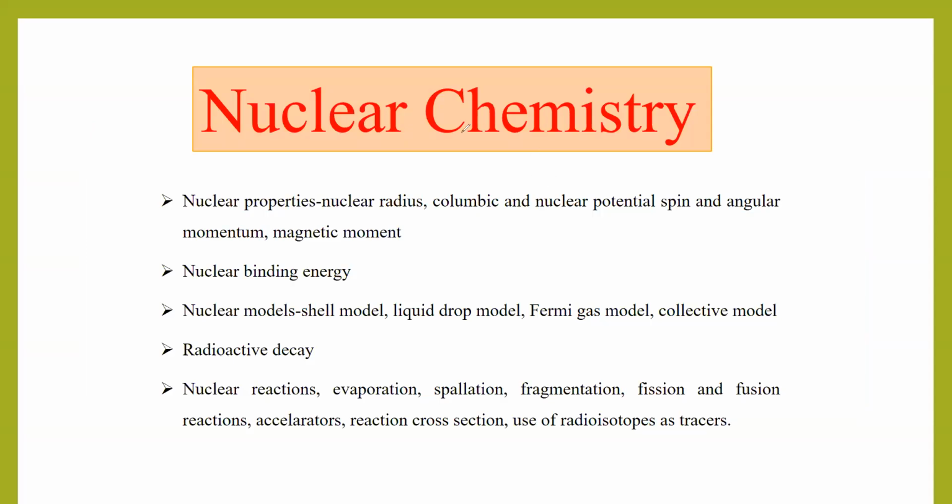What is nuclear chemistry? Nuclear chemistry includes nuclear property, nuclear radius, Coulombic and nuclear potential, spin and angular momentum, magnetic momentum of nucleus, then nuclear binding energy, then nuclear models.